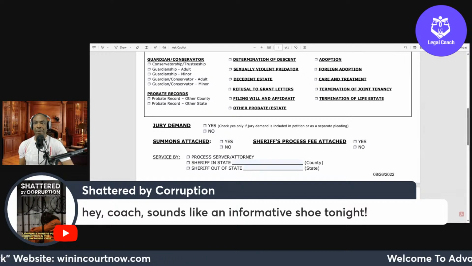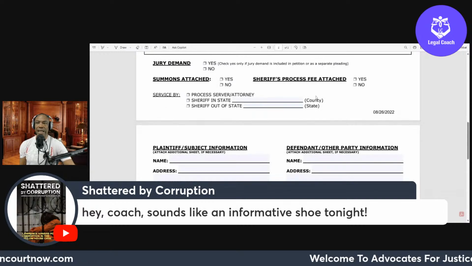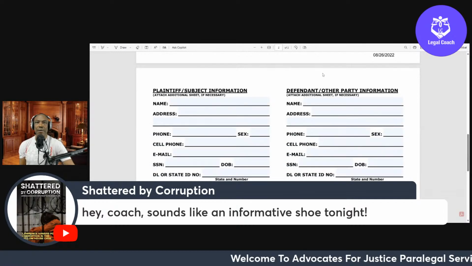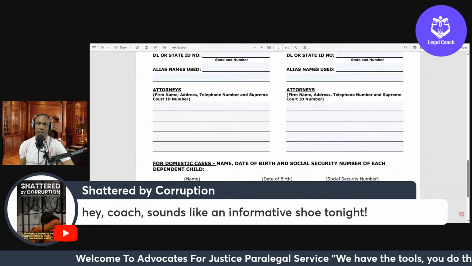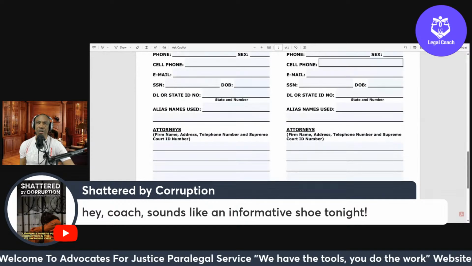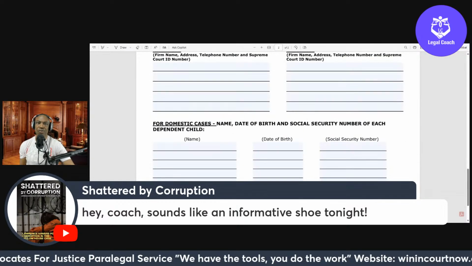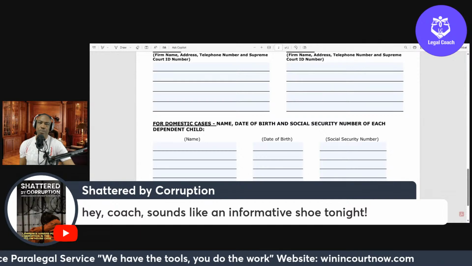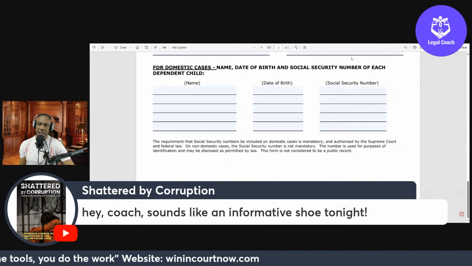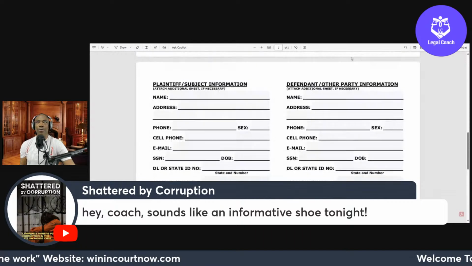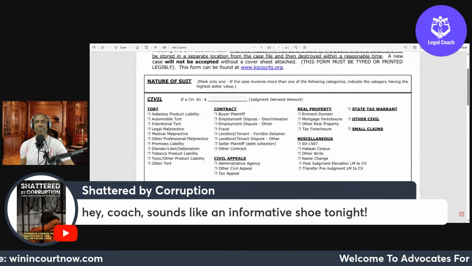They play with words, so these are things you need to have on there so they'll know where to go and serve these people if you have them served. My suggestion would be to do the research yourself to see what your state requires for the process of service.